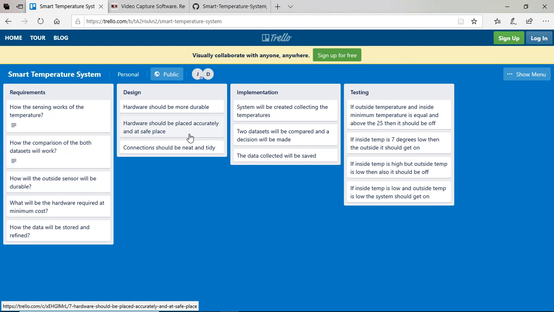Because, like glass, it can get cold very quickly. That can affect the working of the temperature sensor, and maybe the sensor will sense wrong data. So that's why the position must be accurate, and moreover the connections should be neat and tidy, of course.